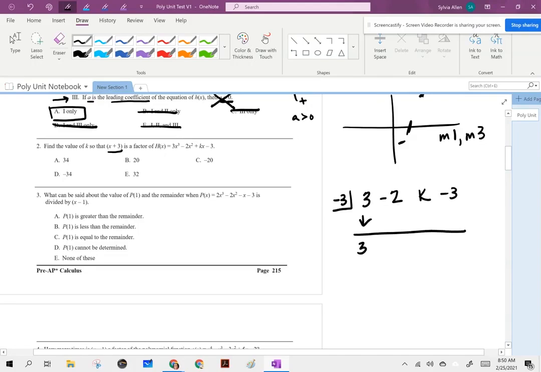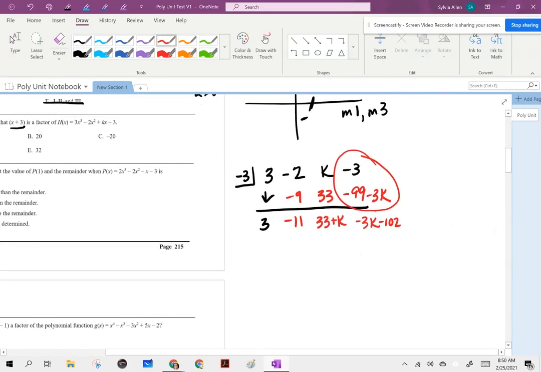And then remember, when you're doing this process, you've got to add down. 3 plus k times -3 is going to be -99 minus 3k. And when you add these together, I've got -3k minus 102.